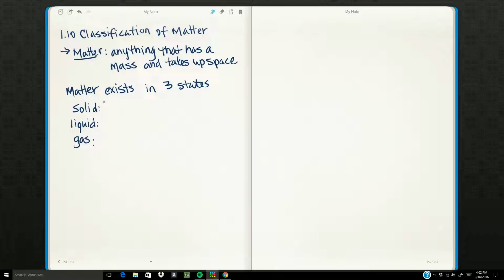Okay, so a solid is rigid, it has a fixed volume and shape. A liquid has a definite volume but no specific shape.